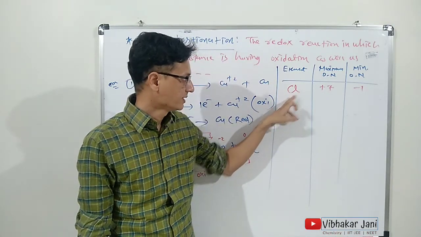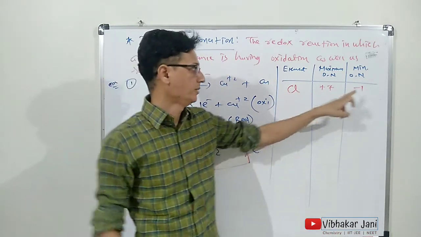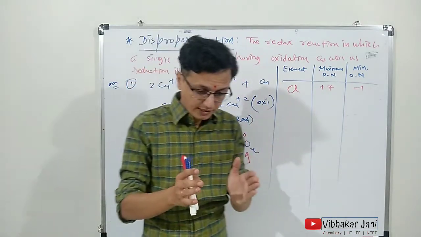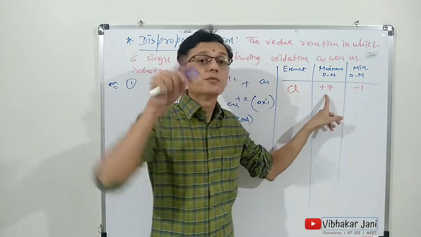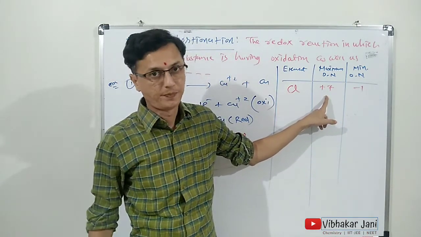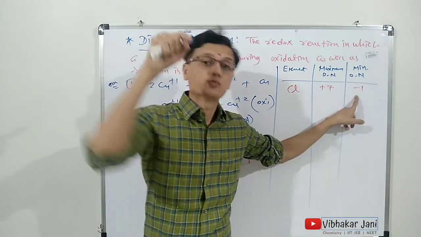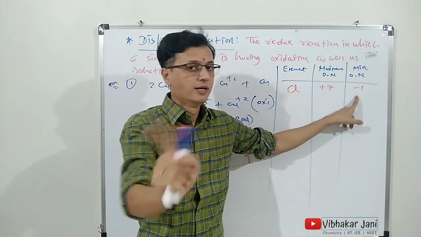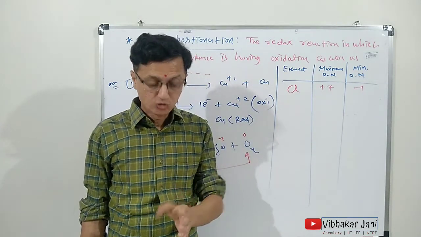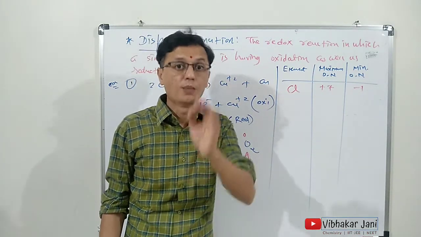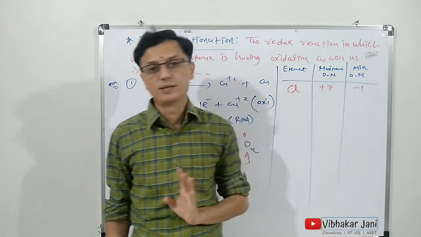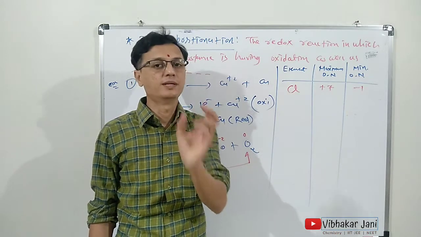So if chlorine in any compound is having +7 oxidation state, then it will not be involved in disproportionation. And if chlorine is in -1 oxidation state, then also it will not go through disproportionation. So chlorine, to have disproportionation, must have an oxidation state between +7 and -1. It should be intermediate between them.